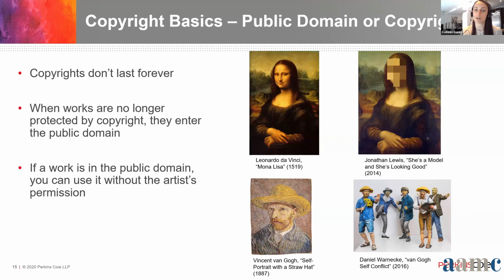So for example, as you can see here, Jonathan Lewis's She's a Model and She's Looking Good is a derivative work of the Mona Lisa, and Daniel Warnicki's Van Gogh Self-Conflict is a derivative work of several Van Gogh self-portraits.